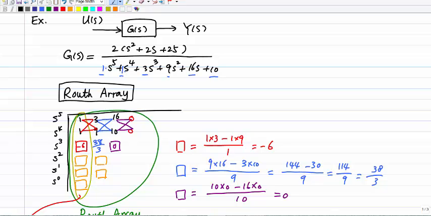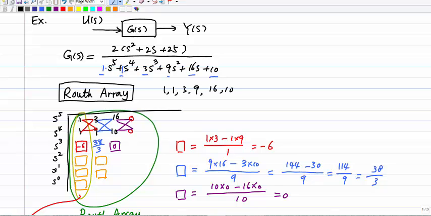Once we do that, we have to put all the numbers for the different rows. For the first rows, as I mentioned in the previous video, we just put the numbers we already have from the denominator of my transfer function. Let's assume the coefficients of the denominator, from the highest power of s to the lowest, are 1, 1, 3, 9, 16, and 10.